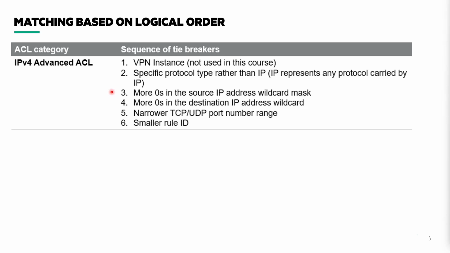Then they move on to more zeros in the source, more zeros in the destination, the narrower port numbers or range, and TCP, UDP. You might have a range of ports, so the narrower or smaller range will be applicable first. And eventually, once they have looked at these, they go to the normal behavior, the smaller rule ID. So we have that flexibility with the auto mode.